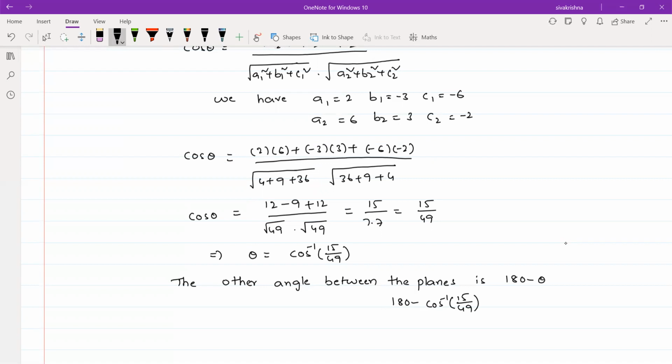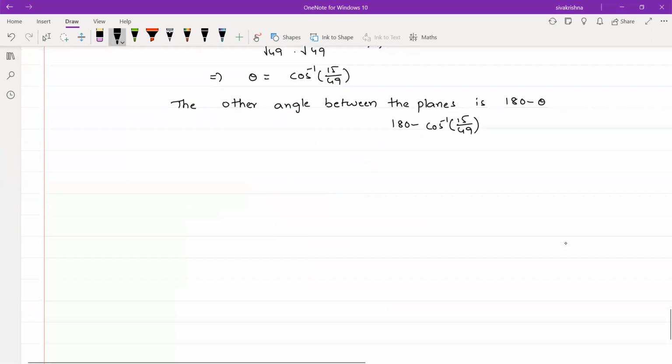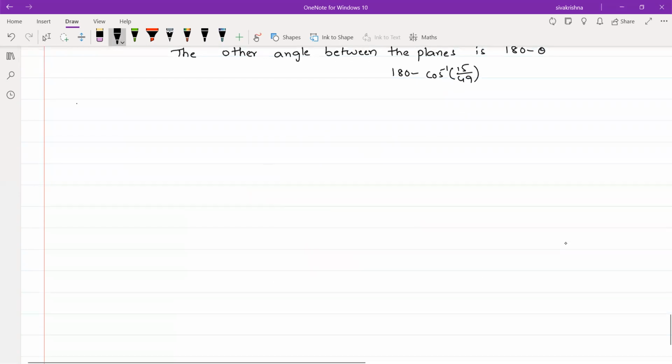Coming to the second problem, once again we have to find the angles between two planes. The planes are 2x minus y plus z is equal to 0, and the second one is x plus y plus 2z is equal to 7.